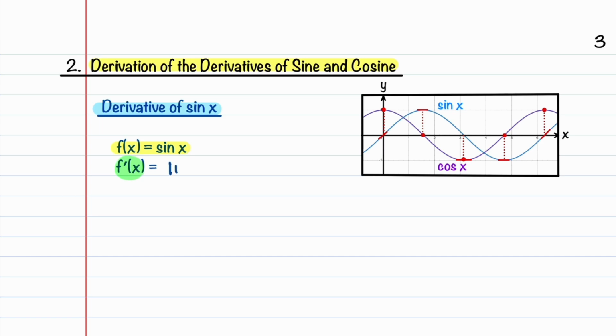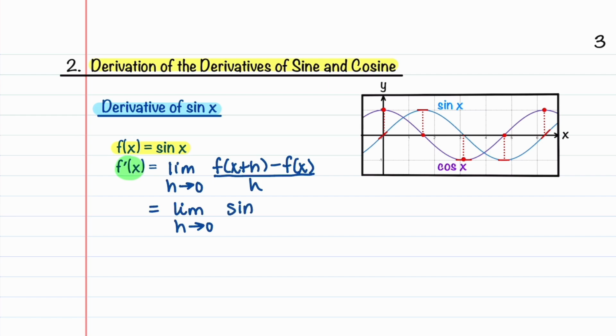It's the limit as h goes to 0 of f of x plus h minus f of x, all divided by h. Now we're going to substitute in that our function is sine x. So we have the limit as h goes to 0, sine of x plus h, minus f of x, which is sine x, all divided by h.